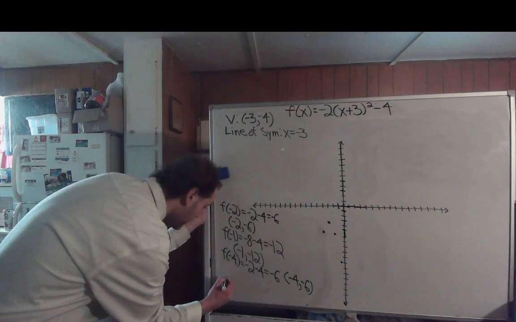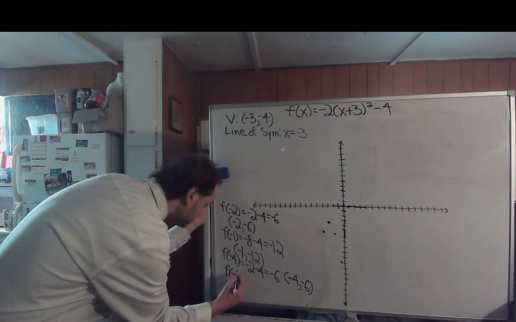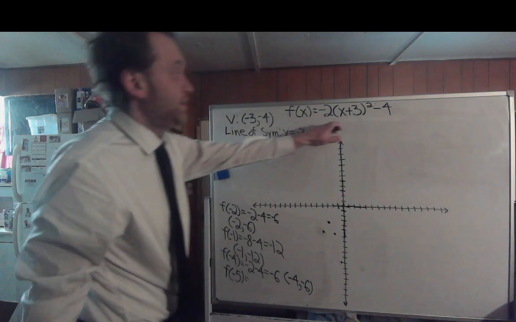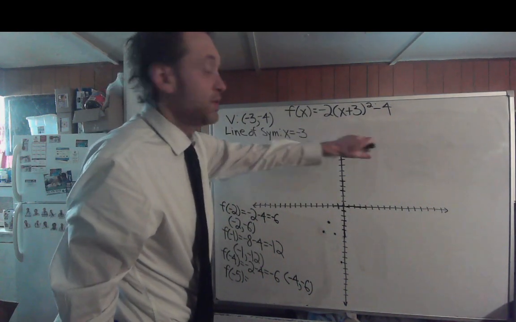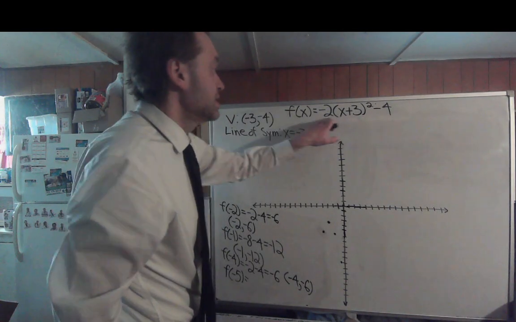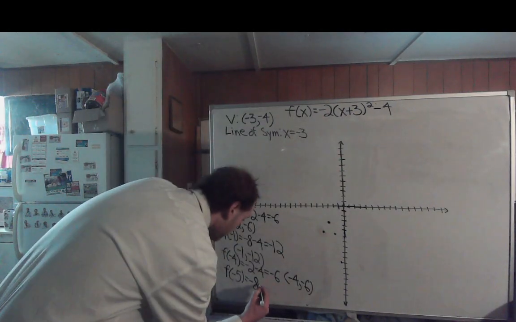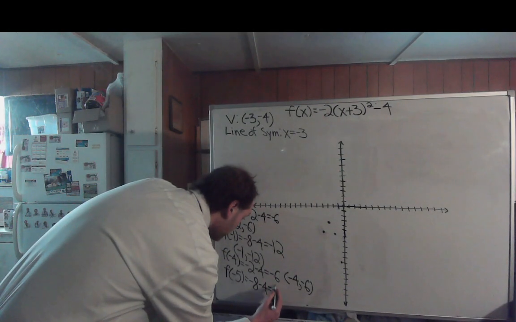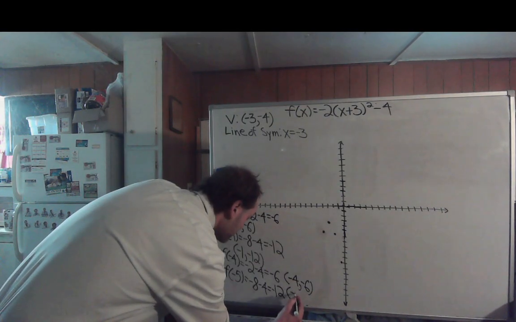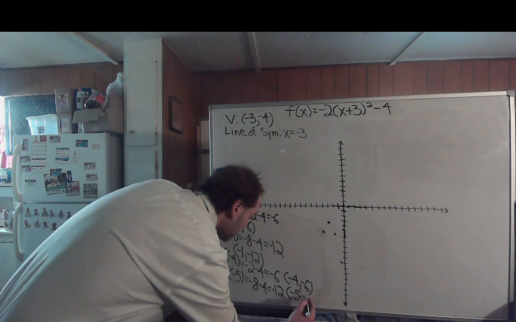And then put in f of negative 5. All right, so negative 5 plus 3 is negative 2, raised to the second power is 4, times negative 2 is negative 8, minus 4, negative 12, so I'll end up getting the coordinate negative 5, negative 12.